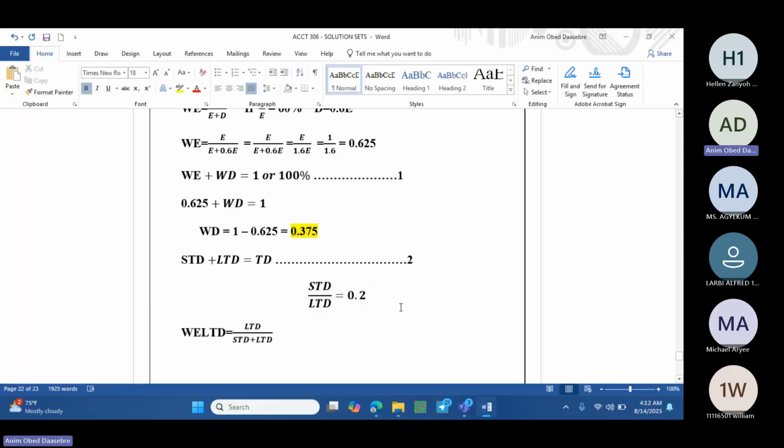If you divide each side of the equation by long-term debt, you are going to get short-term debt to be 0.2 long-term debt.